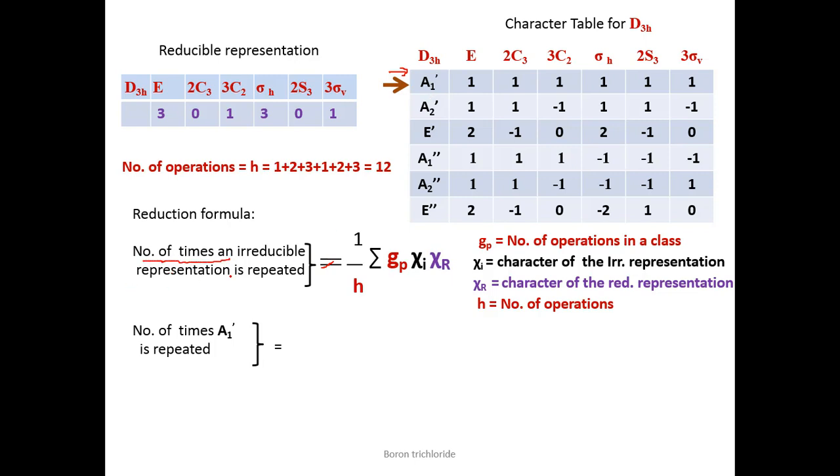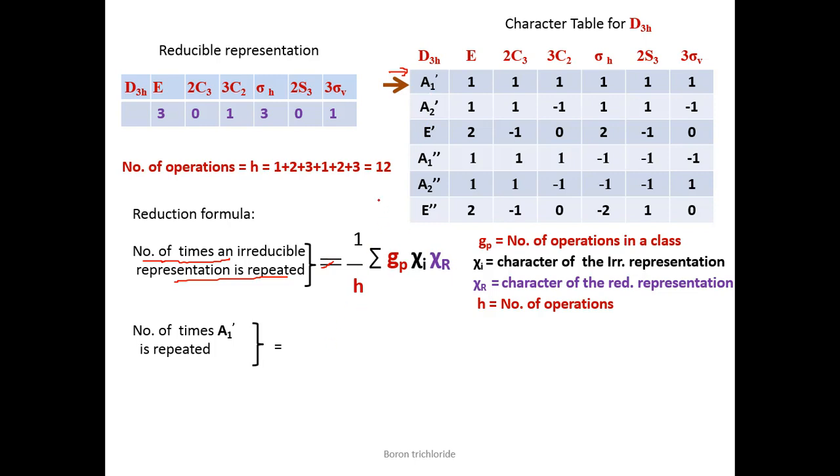The number of times an irreducible representation is repeated. So if I get using this formula the number as 1, that means A1 dash is repeated 1 time. If I get the number as 2, that means A1 dash is repeated 2 times. If I get the number as 3, A1 dash is repeated 3 times.